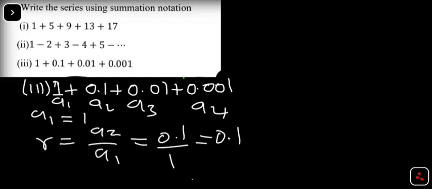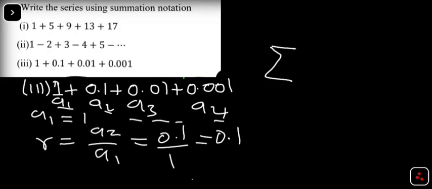Since we have found our first term and the common ratio, the first thing you're supposed to do is state the summation notation. So the summation notation for this one, you're going to say summation. How many terms do we have?